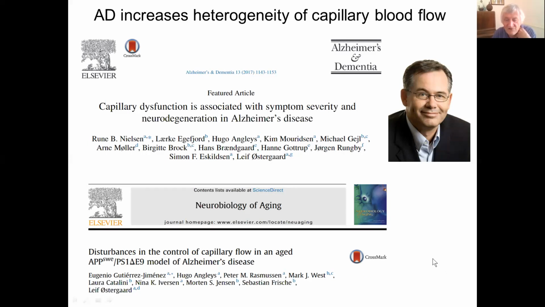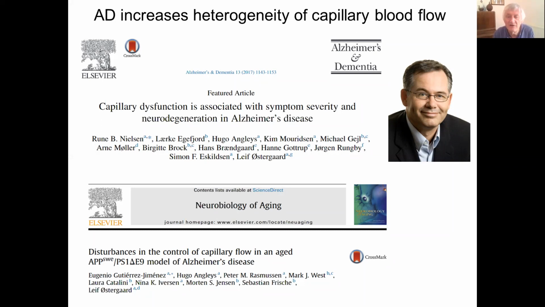And what he does is to measure the capillary transit time in the brain, for example, in humans. The transit time tells you how long it takes the blood to get through the capillary once it's in the brain. And of course, that gets longer when the blood flow goes down in AD. But in addition, the heterogeneity of that transit time goes up.